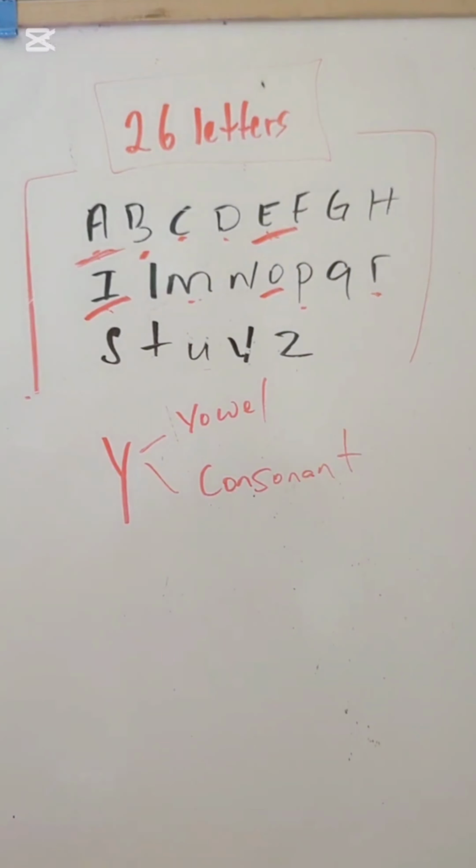Because we know that Y is a semi-vowel, which we refer to all the time: A, E, I, O, U, and sometimes Y. And then you have Y as a consonant. So how do we know when to pronounce Y as a vowel or as a consonant? Anybody know? I'm doing a video on it, so I'm going to see if I can find it as well.